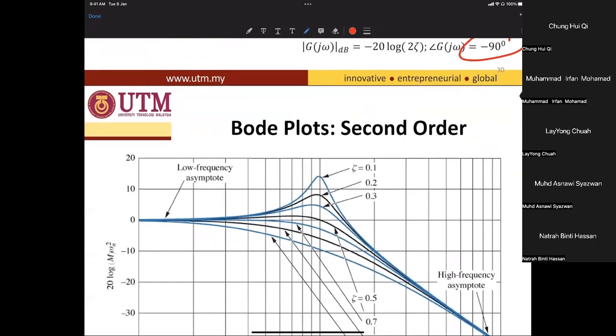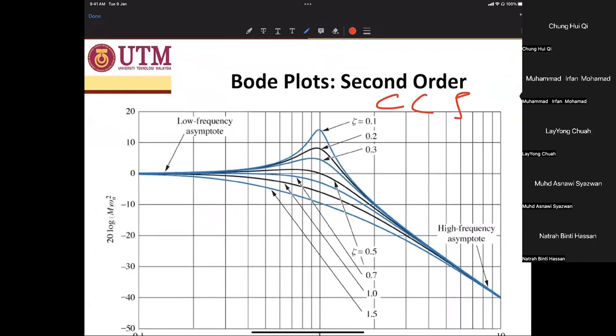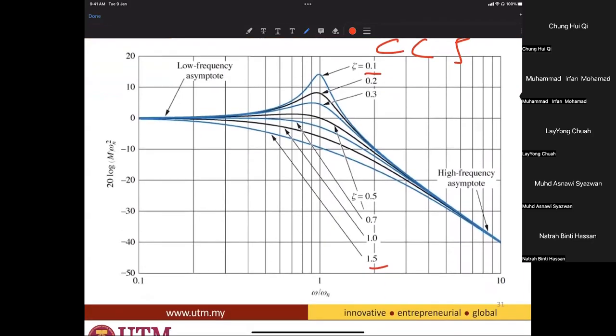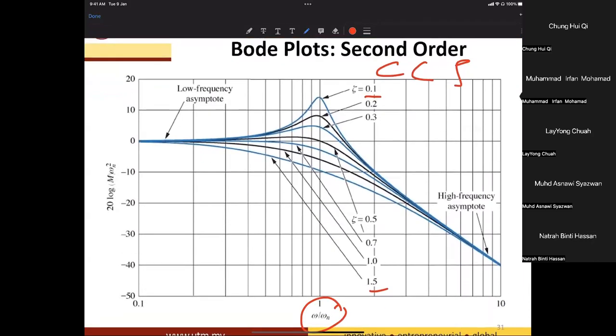Okay guys, so for a second order system with complex conjugate poles, CCP, we have a standard graph which varies the zeta value from 0.1 until 1.5, and which will give you a different amplitude at the corner frequency. The highest one is 0.1, 0.2, 0.3 until 1.5.